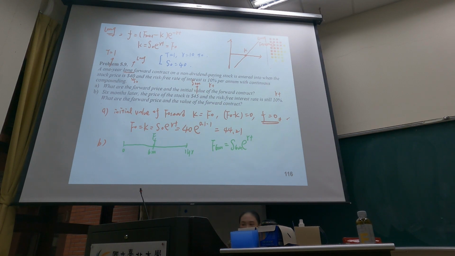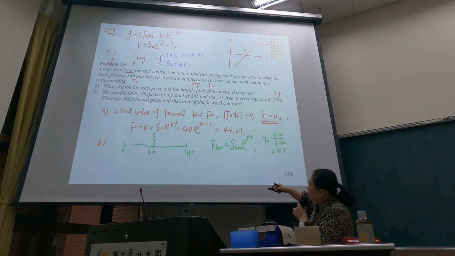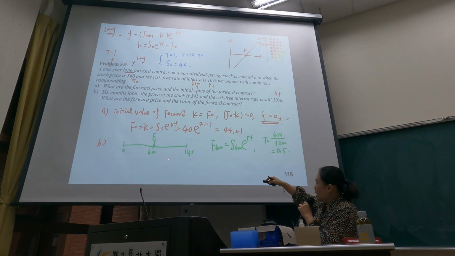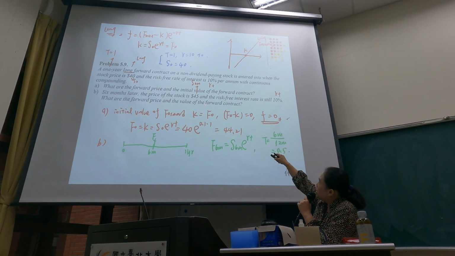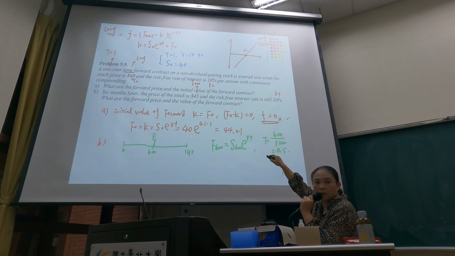But after 6 months, your T equals how much? 6 months over 12 months. You only have half a year remaining, right? So pay attention, even T has changed. In the future, you only have 0.5 years remaining. So T has changed, and S0 you are using here is the price at 6 months later. Are we okay with that?